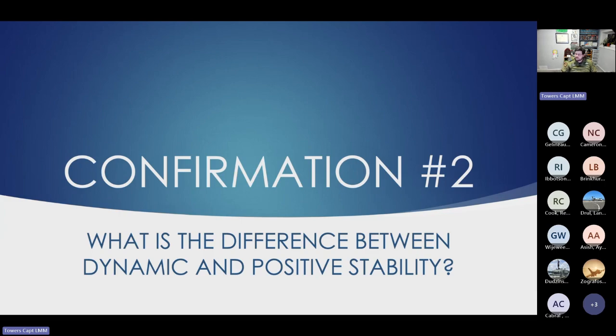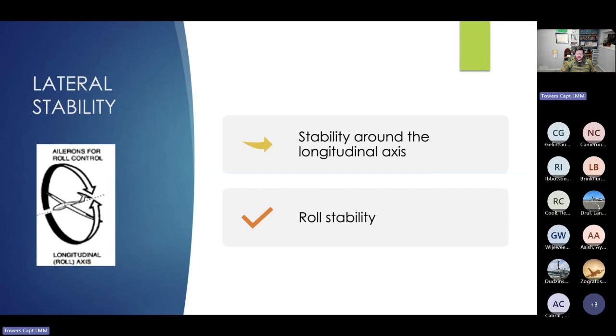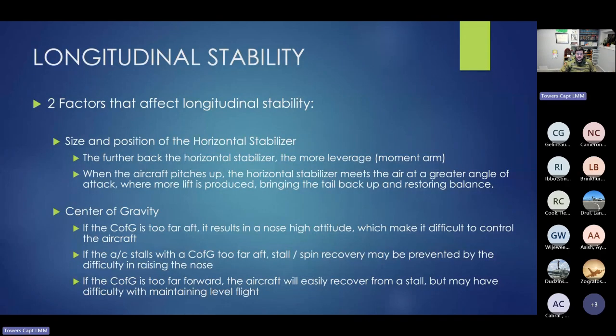Can anyone help them out? Zographos? Wouldn't positive be the initial tendency and dynamic the overall? That's exactly it. Bang on. So I can jump back to that slide so that Brinkhurst can get it down.